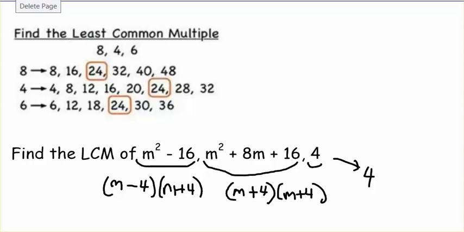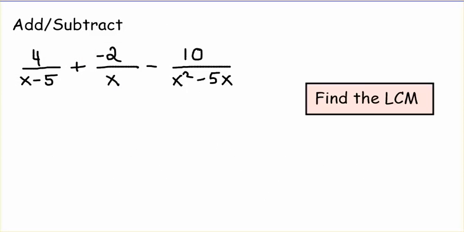So let's go ahead and do some adding and subtracting, actually. So here's my problem. I've got 3 different terms here. I've got 4 over x minus 5, minus 2 over x, and subtracting 10 over x squared minus 5x. So let's look at where my least common multiple would be.